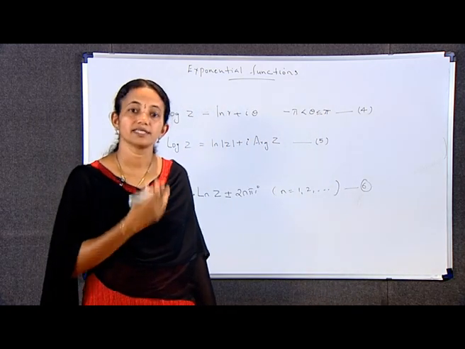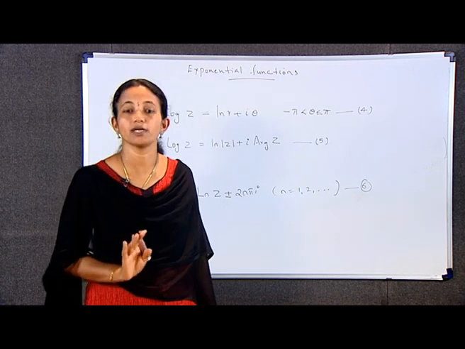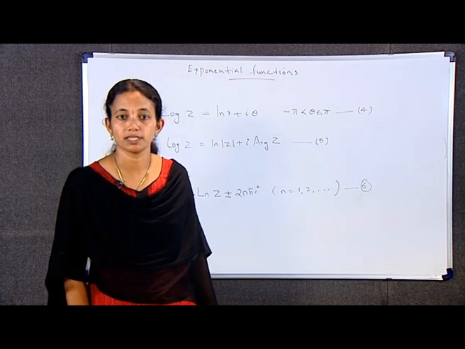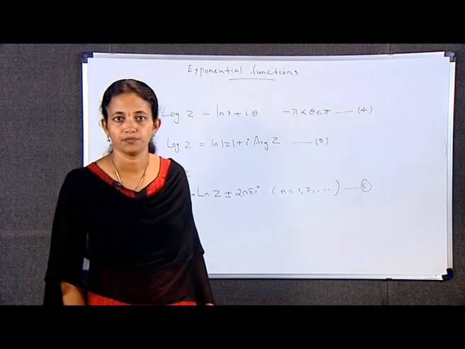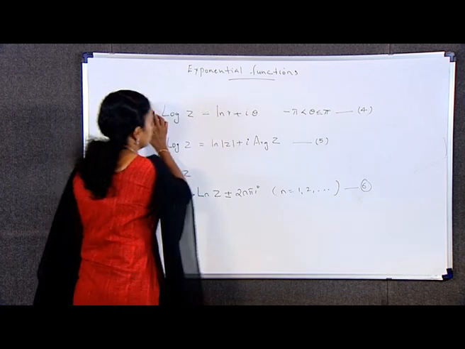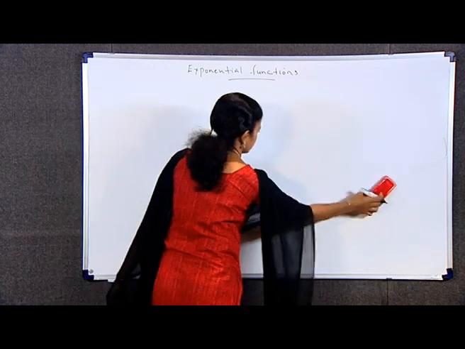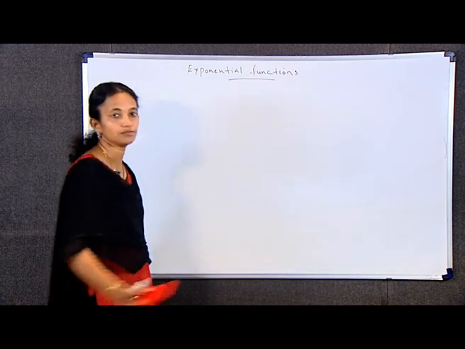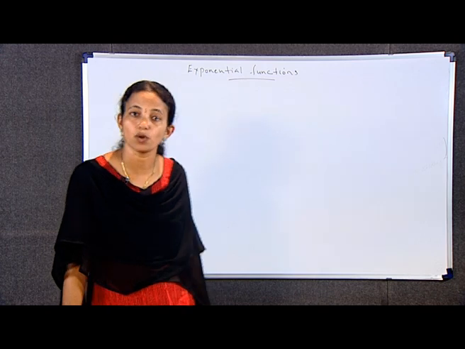Next, the log z defined above reduces to the usual natural logarithm in calculus when z is a positive real number r. That is, write z is equal to r e raised to i 0.